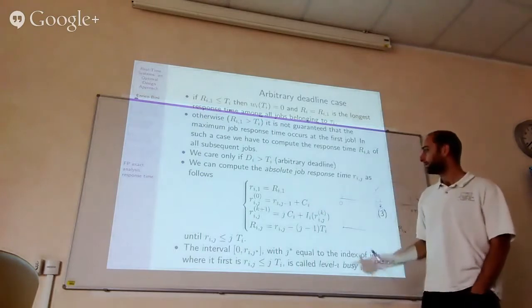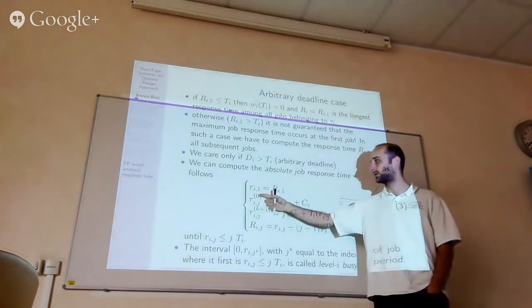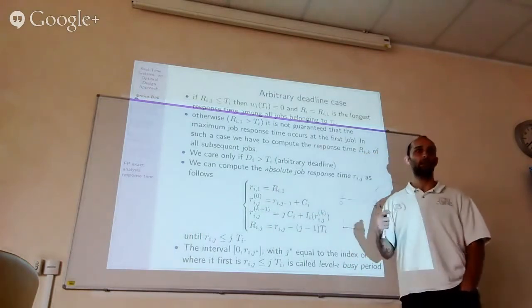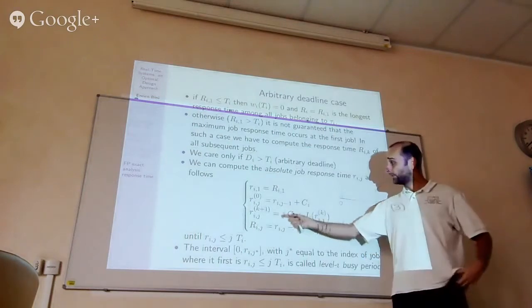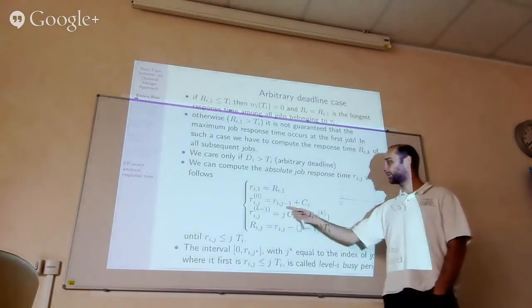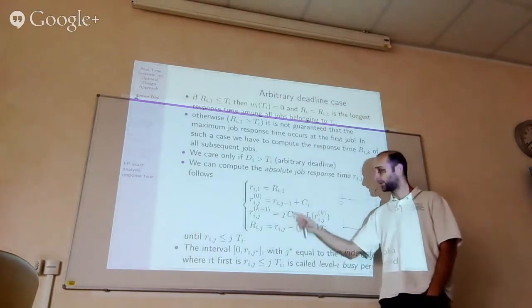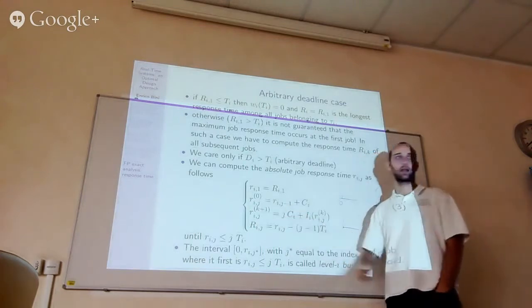So we add it. And this is just the first step for the job J. Then we keep going with this iterative machinery, with the difference that now, instead of having just the computation time of one task, we compute the response time of J jobs of the task I altogether.